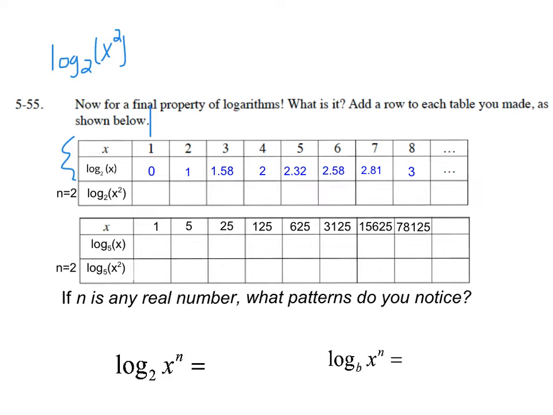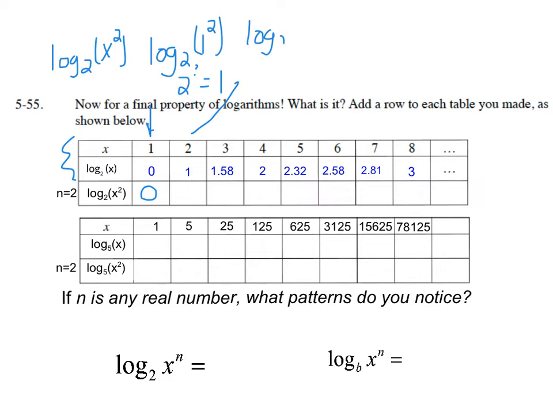So in the first part, x is 1. So the log base 2 of 1 squared, well, 1 squared is just 1. And so now 2 to what power equals 1? Well, that's going to have to be the 0 power. Let's take a look at the next one. X is 2.